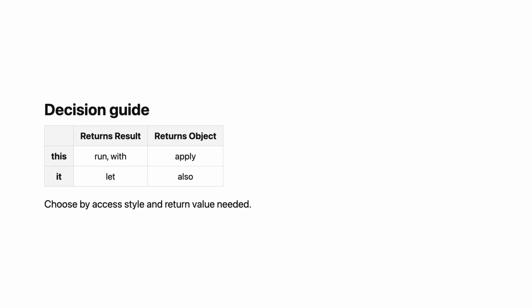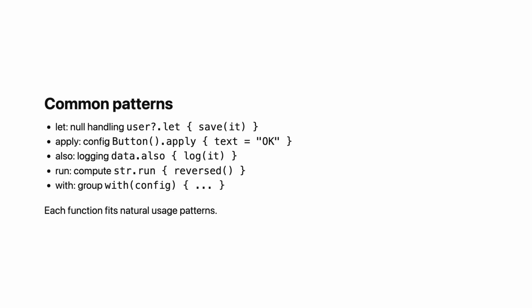Null safe processing with let: use ?.let { saveToDatabase(it) }. Object configuration with apply: val button = Button().apply { text = click; color = blue }. Logging with also: data.also { logger.info("received" + it) }.process(data).